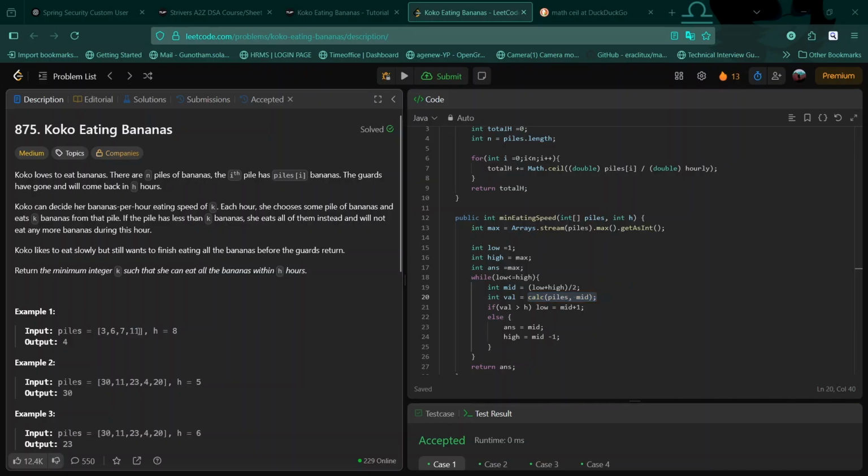In the first iteration, the value of mid will be 6, and I'm checking how long it takes. So 3 by 6 equals 1, 6 by 6 equals 1, 7 by 6 equals 2, 11 by 6 equals 2. So the total amount of hours will be 6 hours.